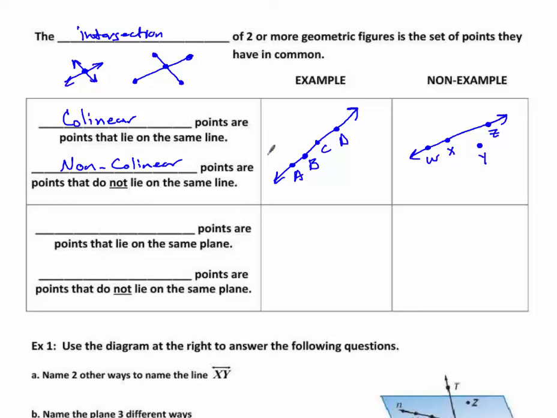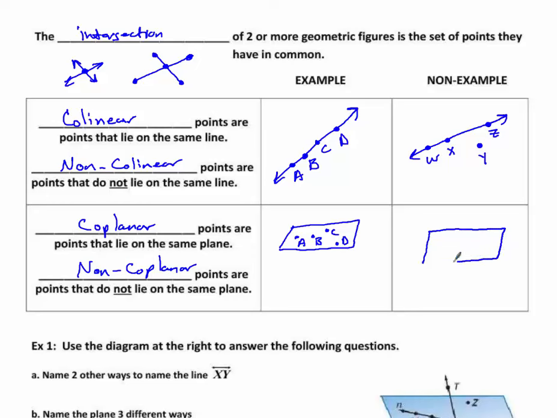Okay, the same thing holds true for points in a plane. So if we had a plane and we had a bunch of points, those points that are all in the same plane would be coplanar. Points that are not in the same plane would be non-coplanar. So it might seem like, well, that's an easy picture to draw. I'll just draw a little box and I'll put an A, I'll put a B, I'll put a C down here.